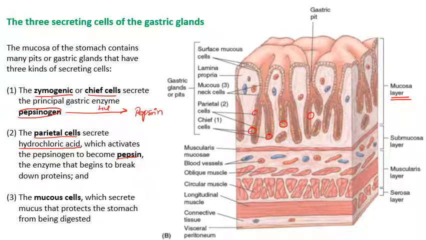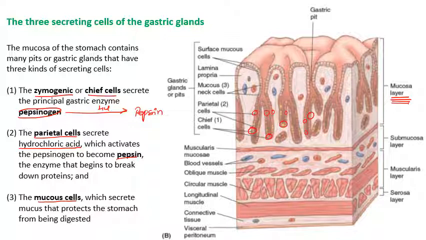This yellow color is your zymogenic or chief cell, and this brown color is your parietal cell. The parietal cell is present in the mucosa layer of the stomach, same as the chief cell. Third comes the mucus cell.